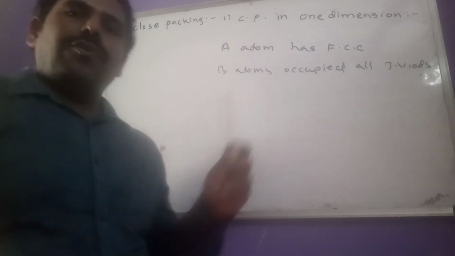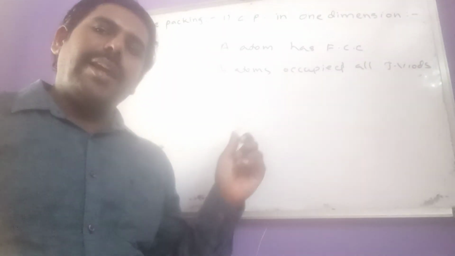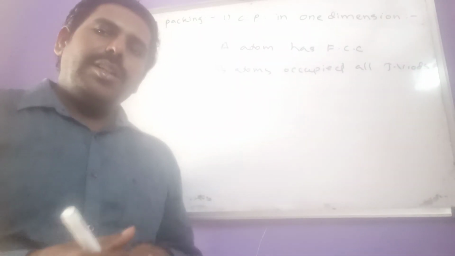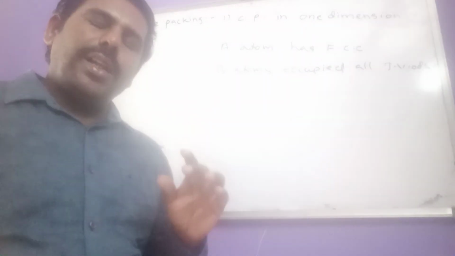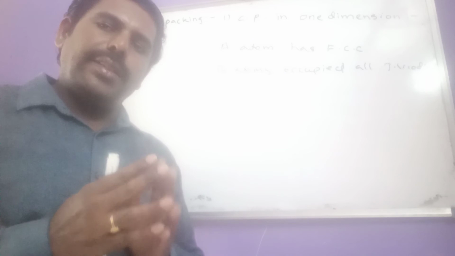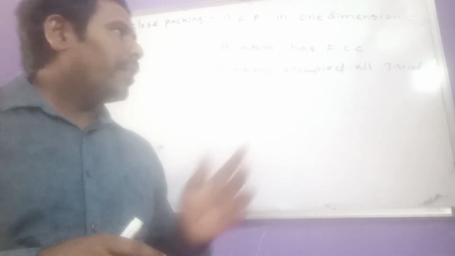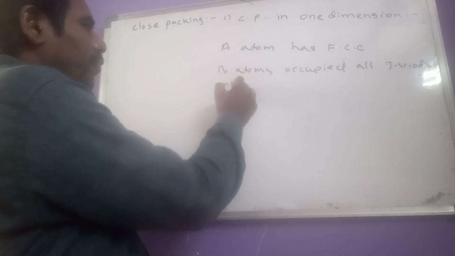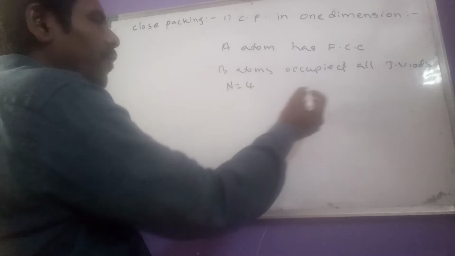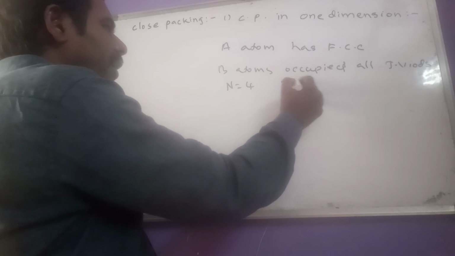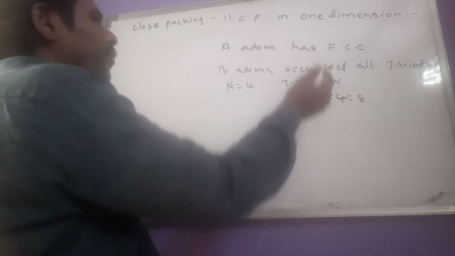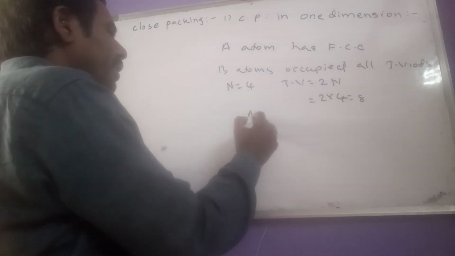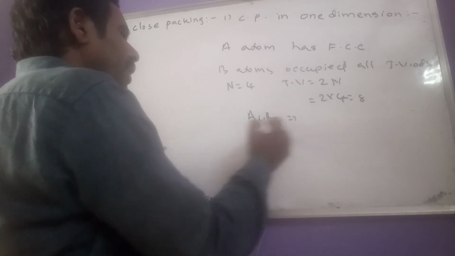What is the formula of the crystal formed from A and B? They give the question like that. So generally, FCC arrangement means what here? The total number of atoms in FCC, the rank of FCC, is 4. If the number of atoms is 4, then the tetrahedral voids will be 2n, means 2 into 4 means 8. Therefore the formula we can get here is A4B8. Upon simplification you get AB2.